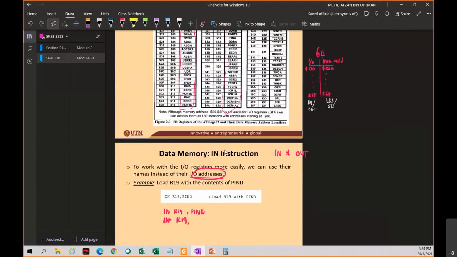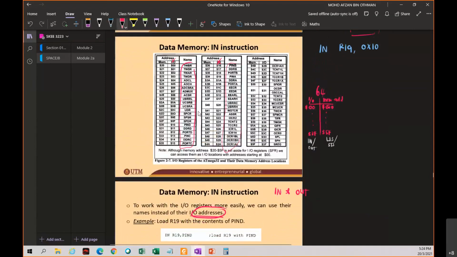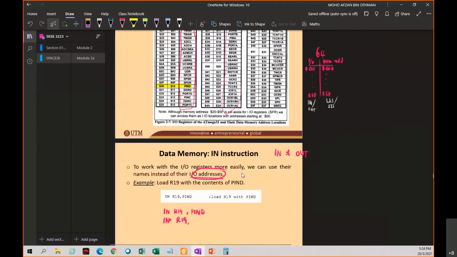What is the PIND punya location? Kamu carilah daripada sini. Where is the PIND location? Okay, so here, dia adalah dekat alamat 10. You just simply put 0x10.